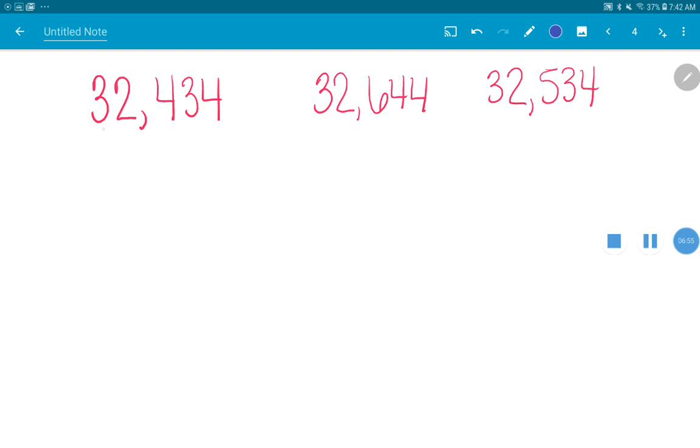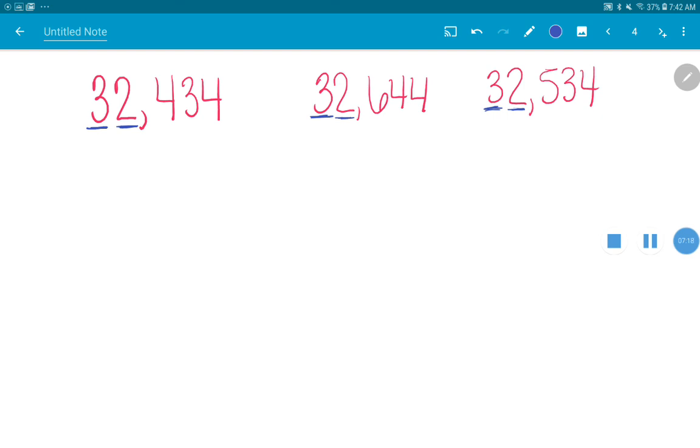In all three of my numbers, I'll start with 3 10,000s. Those are all equal, so that doesn't help me to order them. Next I have 2,000, 2,000, and 2,000.